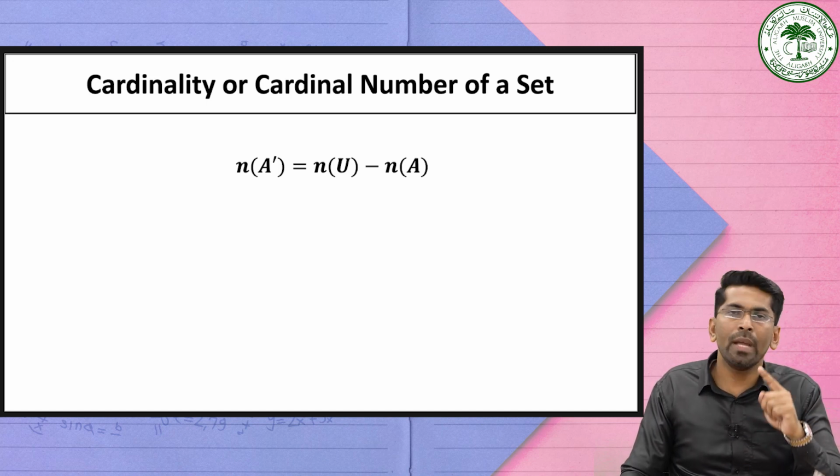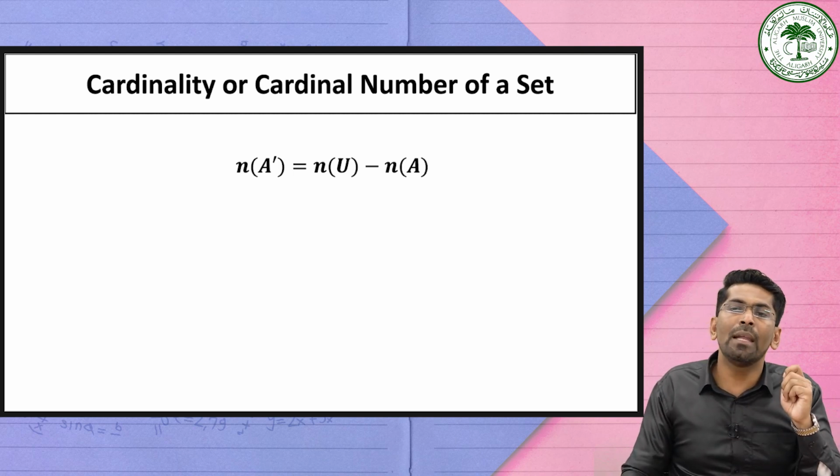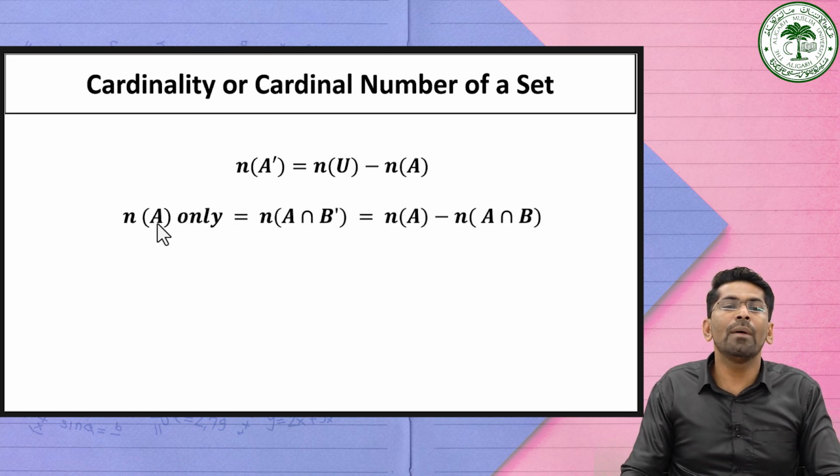The number of elements that are only in set A and not in set B can be found using the formula: the number of elements in A intersection B complement is equal to the number of elements in set A minus the number of elements in A intersection B.